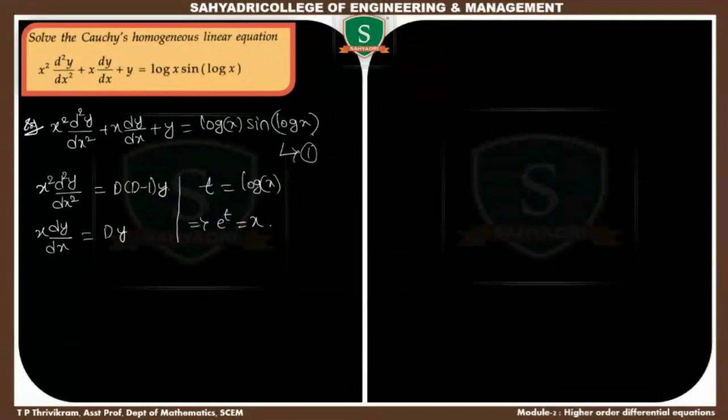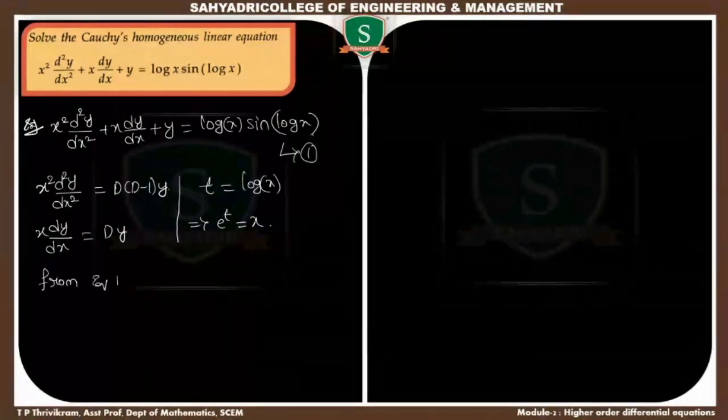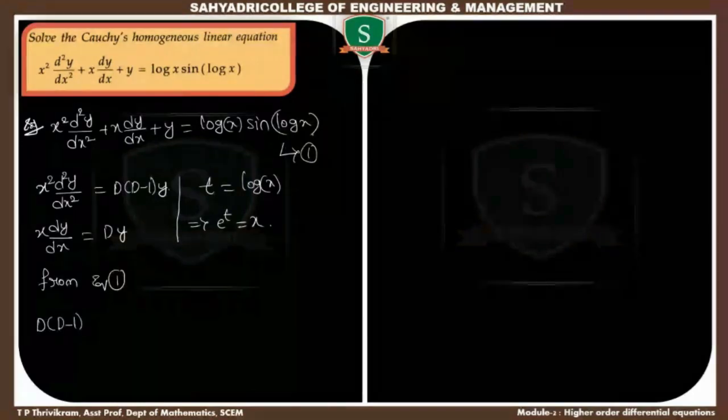So you can write from equation 1, d into d minus 1 into y, or you can write it as d minus 1 plus x into dy by dx, it is d plus 1, into y is equal to log x. Log x can be replaced with t sin t.